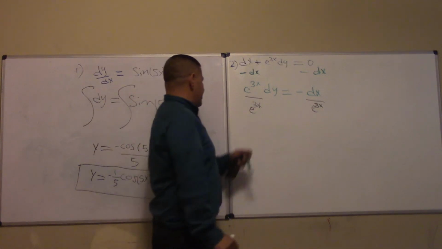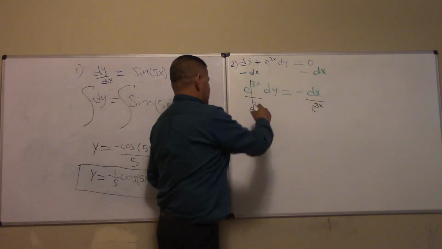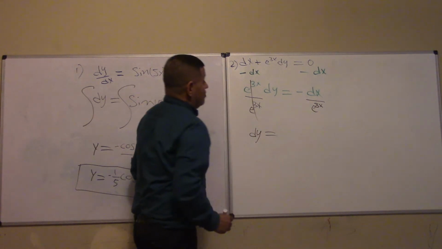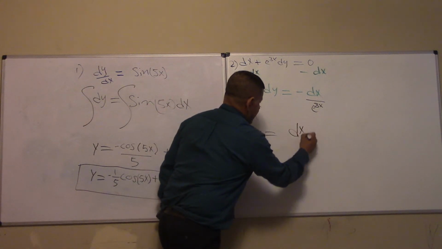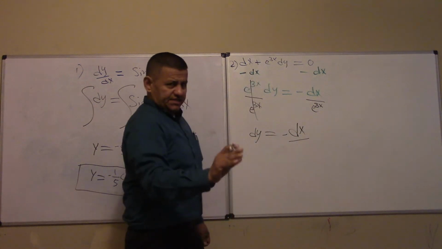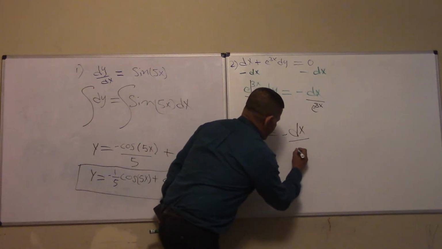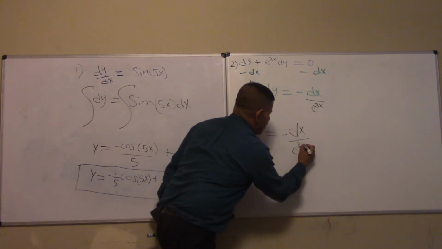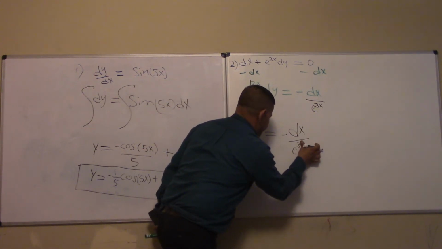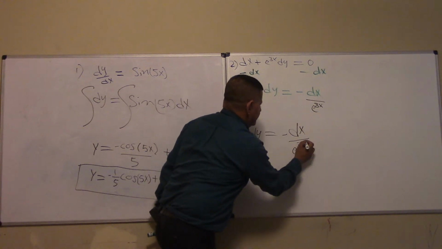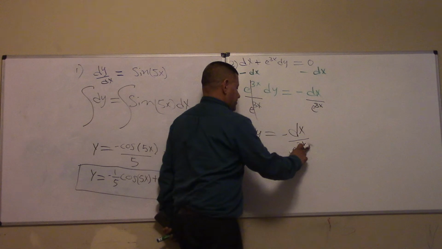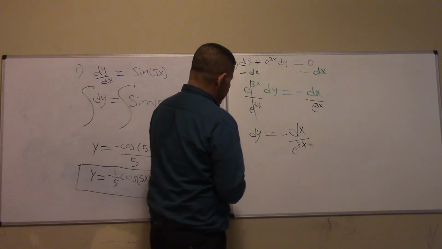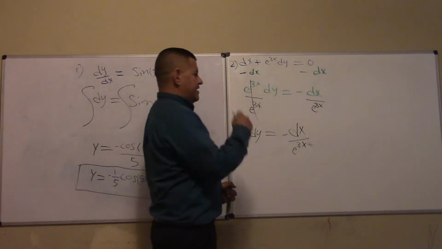When I divide by e to the 3x on both sides, this cancels out, and I get dy equal to negative dx over e to the 3x. Be careful with the signs. So now, what will be my next goal?